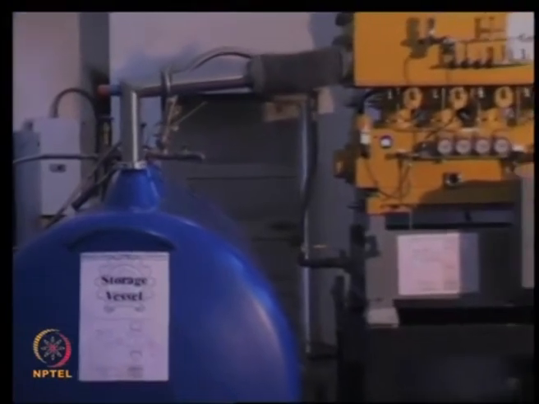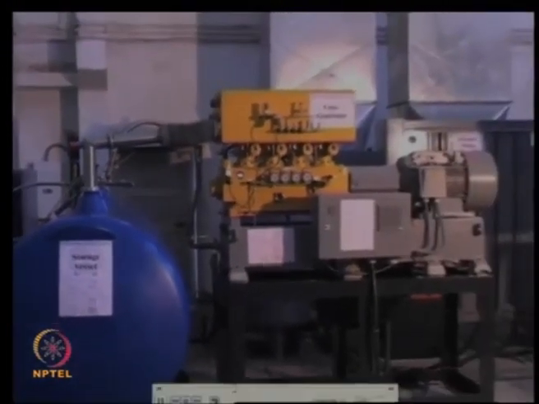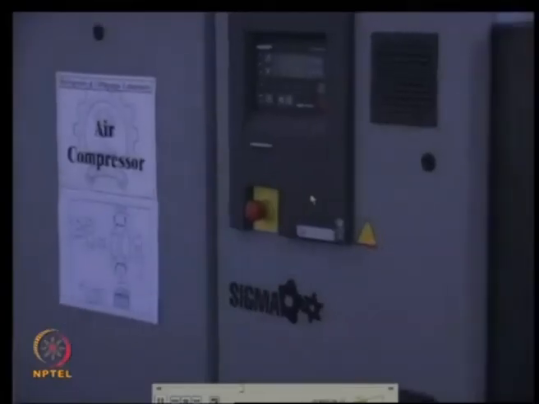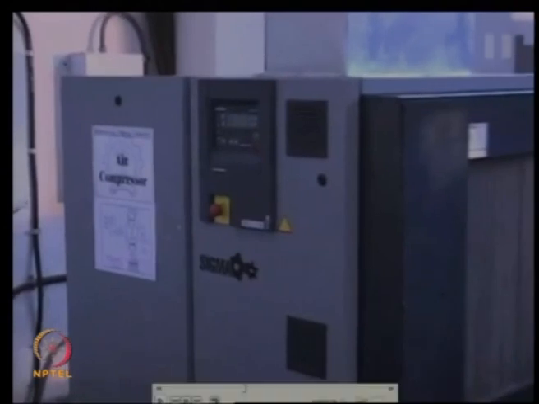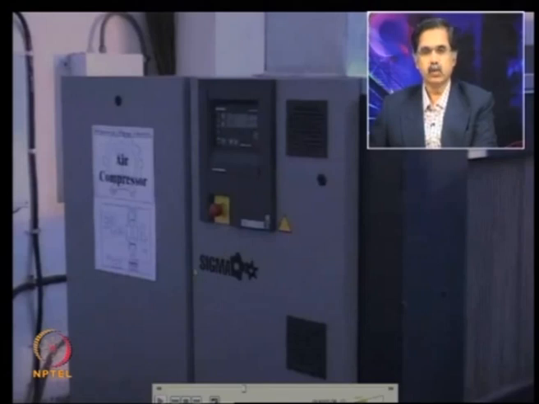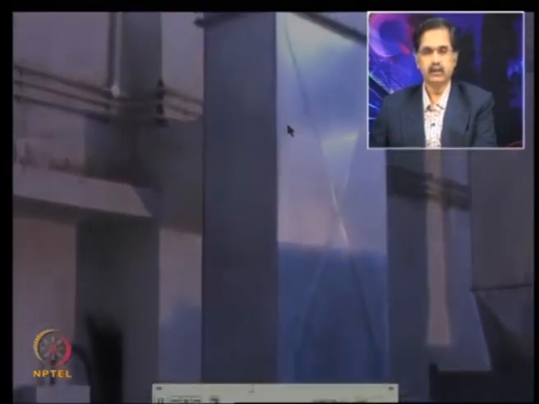Around 25 kilowatt is the electrical power requirement for the compressor, and 45 kilowatt for the cryogenerator here. So, you can see this is the air compressor which takes air from outside here, and the compressor also uses the outside air to cool itself, and the hot air will leave from here, as we just saw earlier.